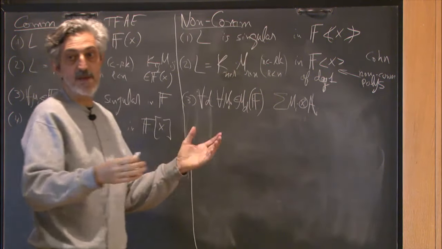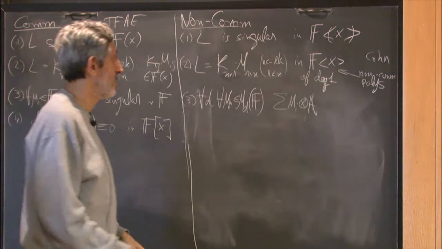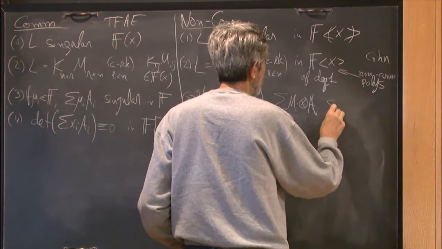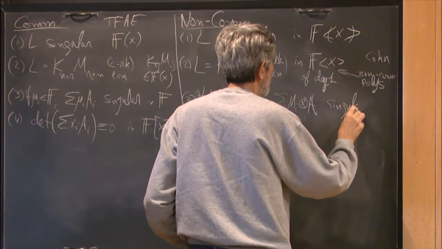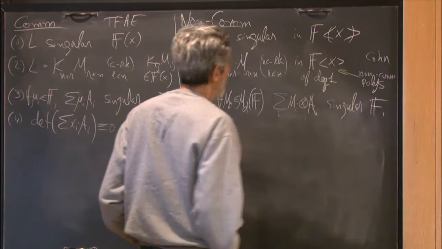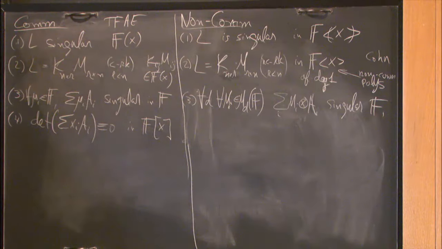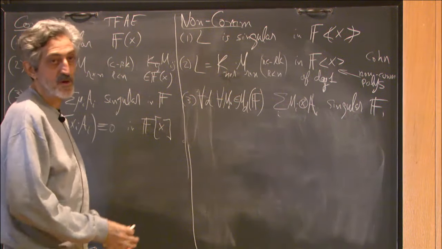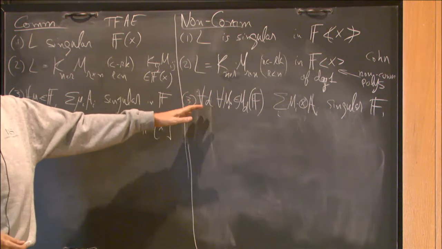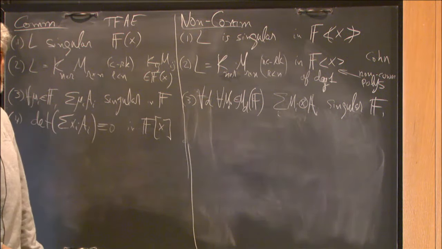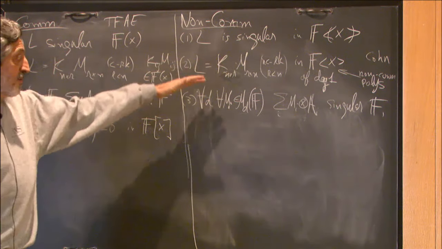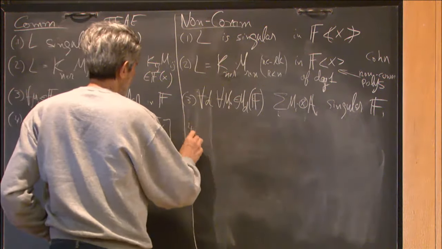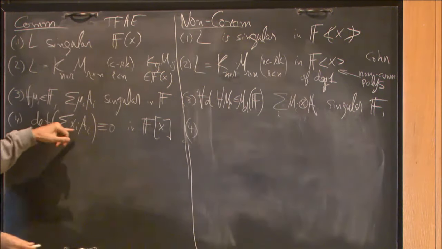This is a matrix over the field, so an nD by nD matrix over the field is singular. What you demand here is that you take coefficients that are D by D matrices of all sizes D, and all matrices possible. This turns out to be equivalent. I'll tell you where this theorem is coming from in a second.